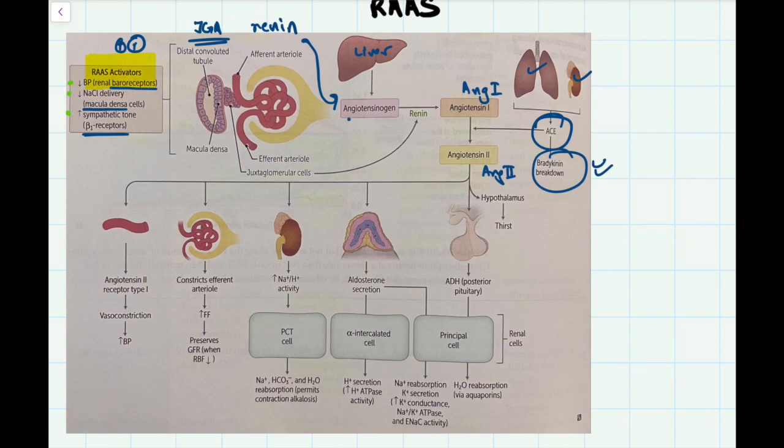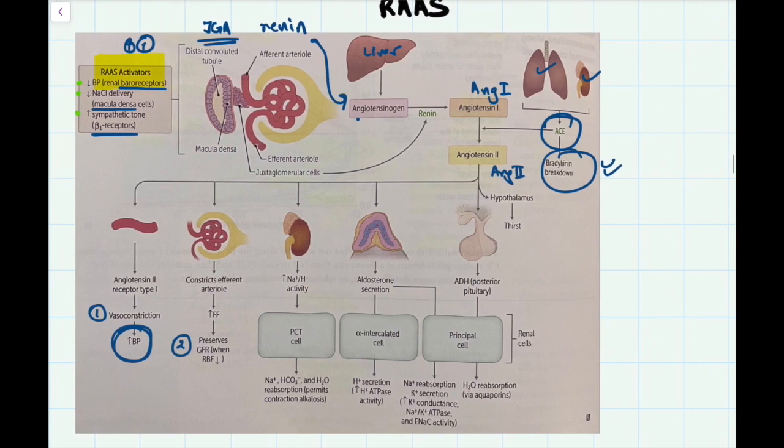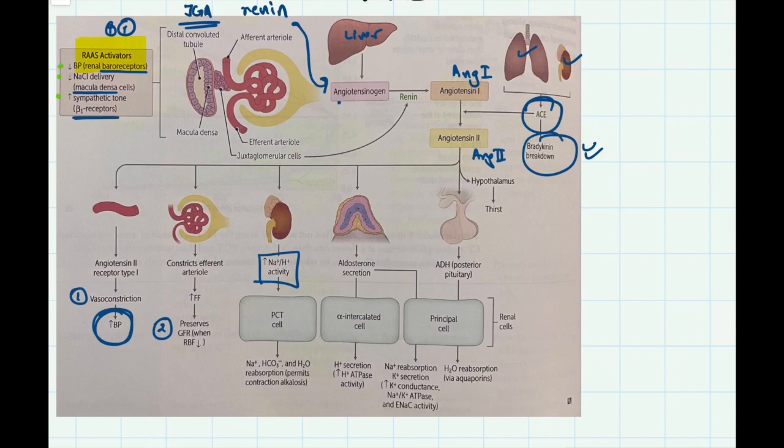The actions of angiotensin 2 are, it first causes vasoconstriction, thereby increasing the BP. Second, it constricts the efferent arteriole and it preserves the GFR. Third, it increases the sodium hydrogen pump activity on the PCT cells, leading to contraction alkalosis, which we read.